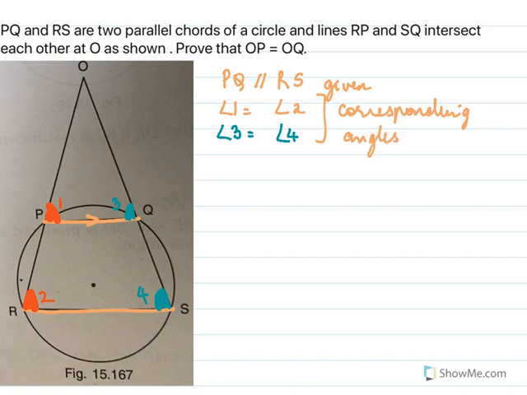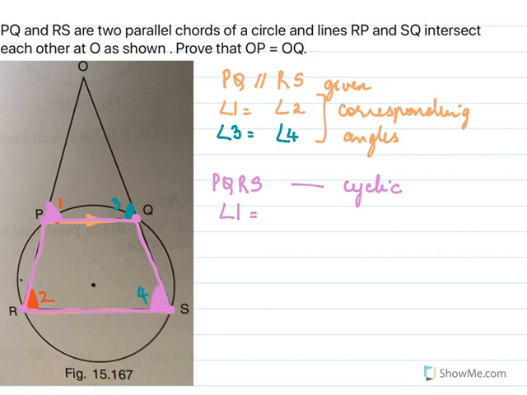But here we have a cyclic quadrilateral also. Now which is the cyclic quadrilateral? PQRS is cyclic. And in a cyclic quadrilateral we know that the exterior angle is equal to the interior opposite angle. So the exterior angle is 1, and 1 is equal to 4. So we have angle 1 equal to angle 4.